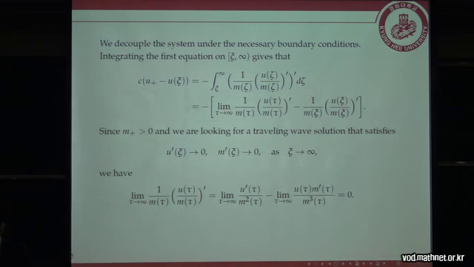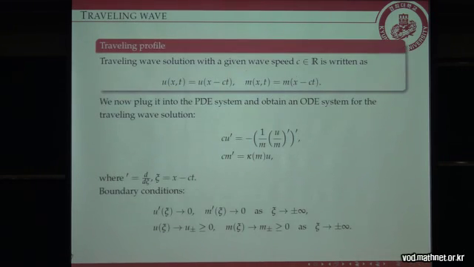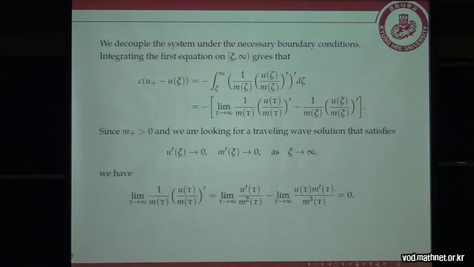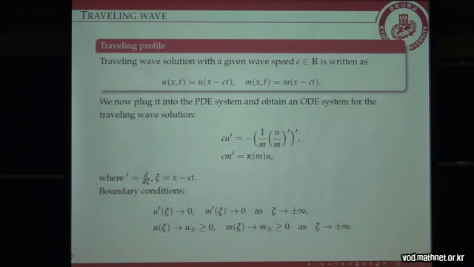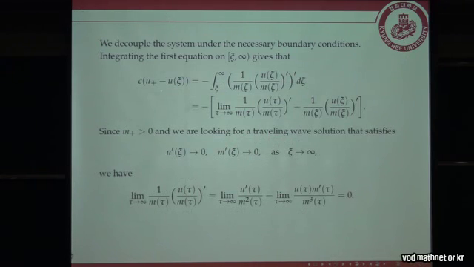So the first goal is to find the decoupled equation from this system of ODE. To find this decoupled equation, we take the integration of the first equation on this interval. Then we have this one. C is the traveling speed, right? And U plus is the boundary data at infinity, x equal infinity.